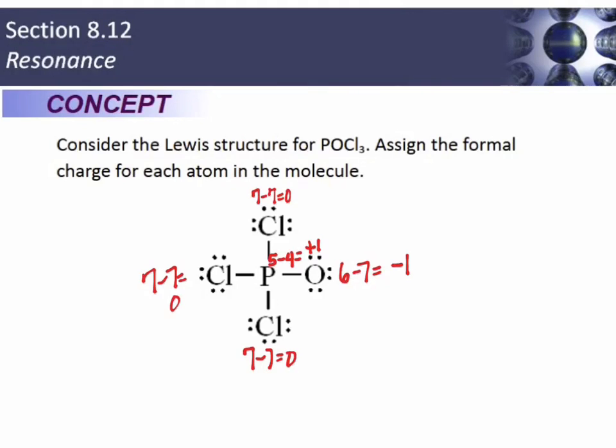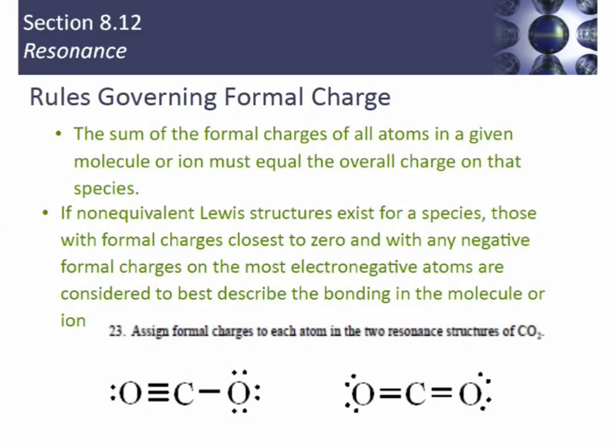So let's go take a look at carbon dioxide. Here again are the rules. We're going to look at carbon dioxide again. We already did this one over here, and we said this was a 0. This was a 0, this was a 0, and this is a 0. Now if we look at this carbon dioxide over to the left, what's the formal charge on the oxygen? 6 minus 5, so it's a +1.